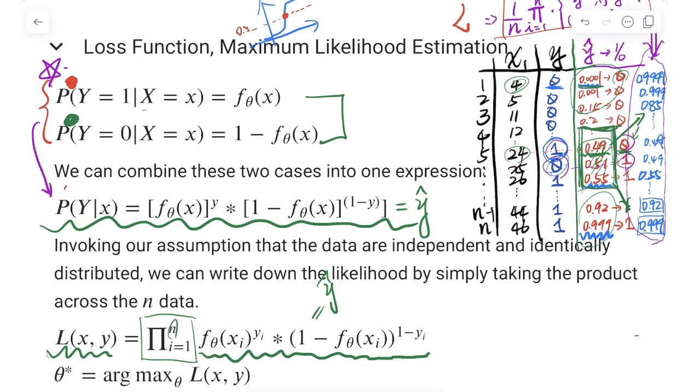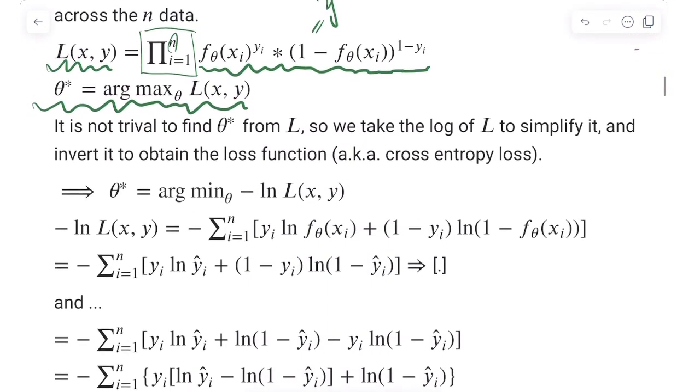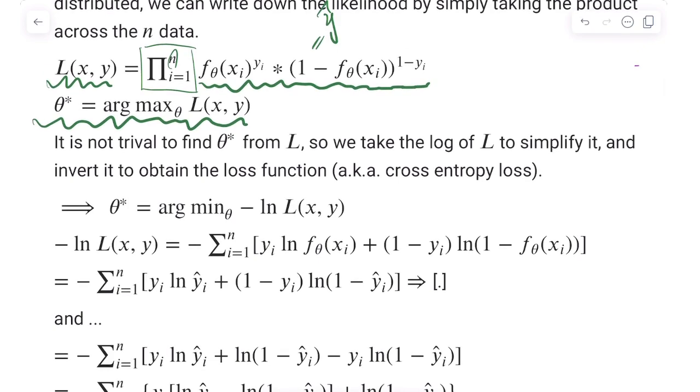We want to maximize the likelihood value. So here we have a formula. If we have the maximum value of this likelihood function, the corresponding theta will be theta star, which is the optimized value of your parameter. This parameter can have the maximum likelihood value.